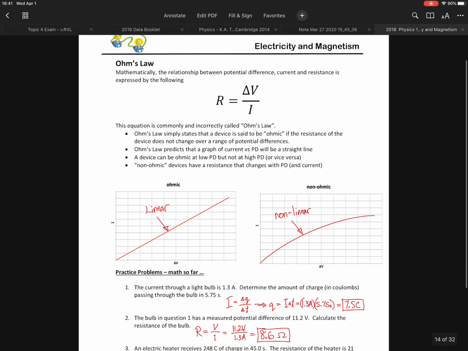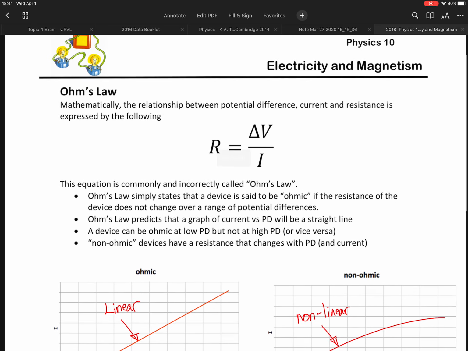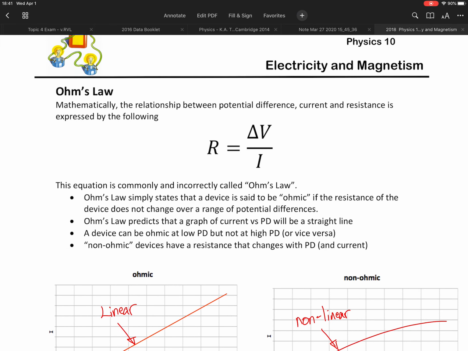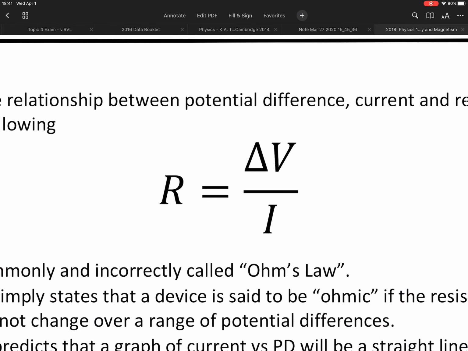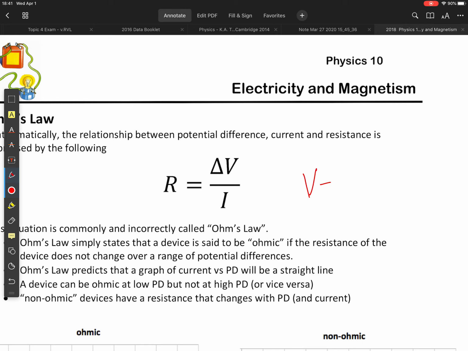Okay, so here we have a couple of graphs, and this is called Ohm's law here. So mathematically, the relationship between resistance, voltage, and current is given here by resistance is equal to change in voltage divided by current. This is a very common way to show Ohm's law. I kind of prefer V equals IR just because it's easy to remember.